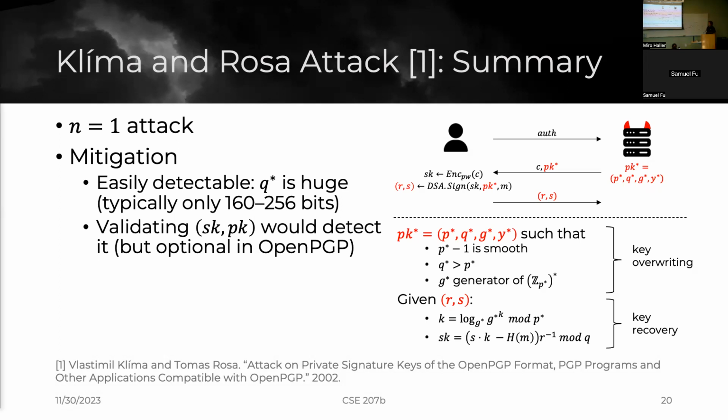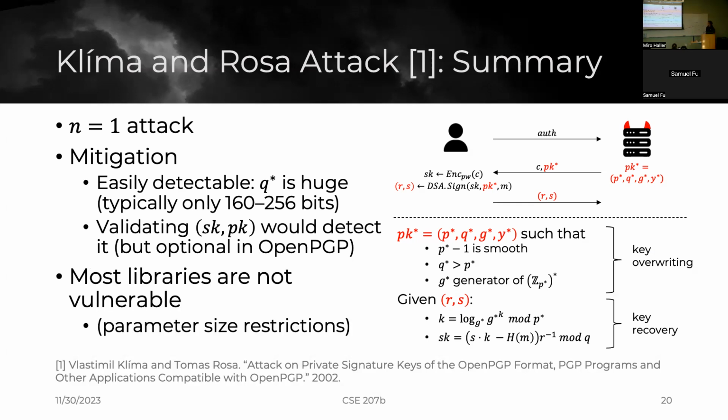Also, if you would validate the secret key and public key that you get, you would avoid this kind of attack. But since it's so easy to cheaply detect this attack, that's exactly what the clients do. They just check for this Q size, and if Q is not clearly way too big, then they continue to do their operations.